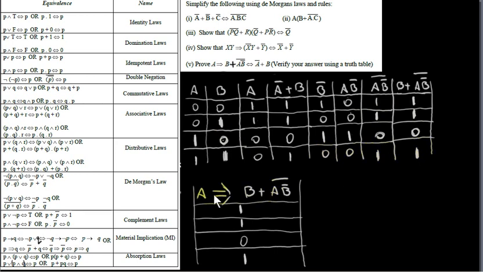Now finally, we can look at A implies B plus AB bar bar. So we have a 0 here, a 1 here. That means we have a 1 here. Remember, if A is false, then the implication operator yields a true value. A is 0 here, so the implication operator yields a true value.